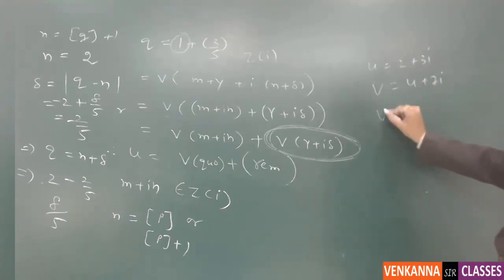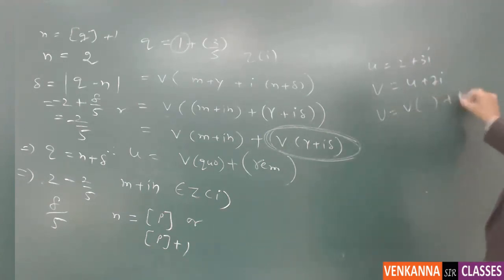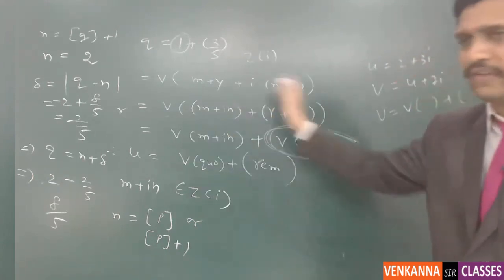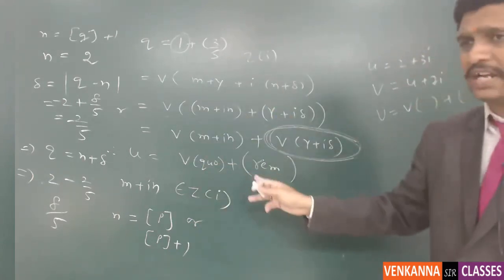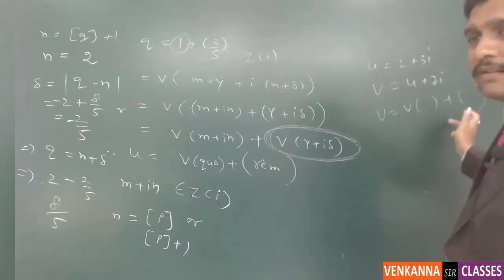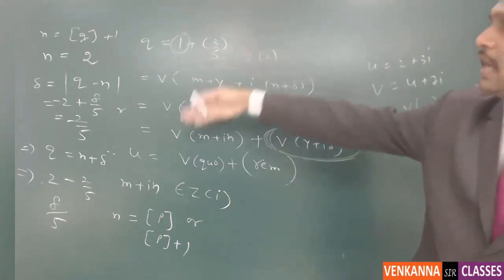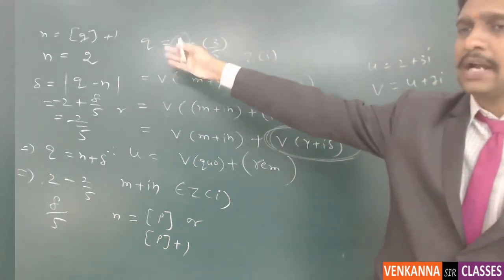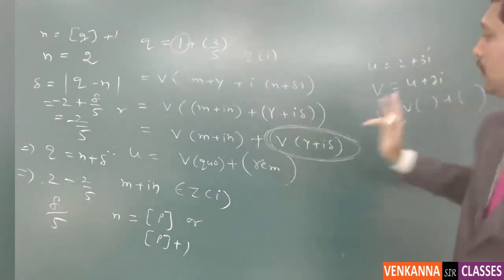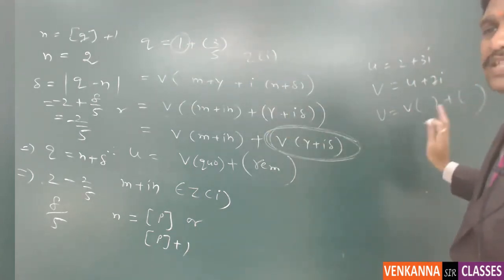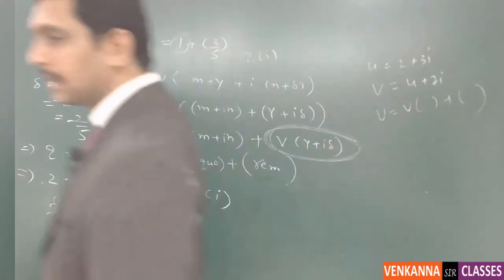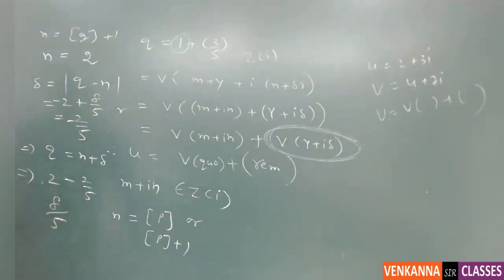Is it possible to write u is equal to v into something plus something as per the notation I have given? And easily you can understand that you will get the integers there by simply defining what I have given, n, delta, gamma, etc. You can do this by taking a small example. Clear? Because once you do it with numbers, it will clarify all your doubts. Fine.